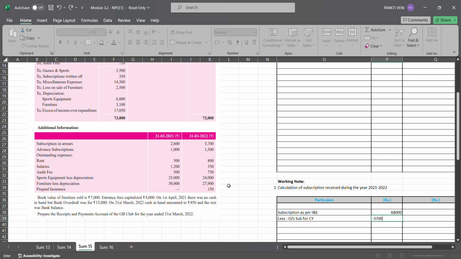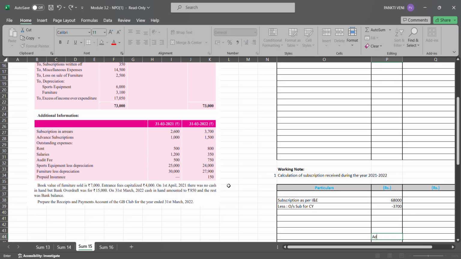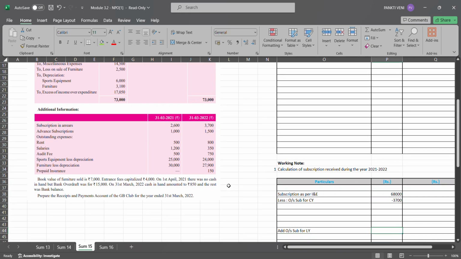Then you have outstanding subscription for last year. So you'll have to add outstanding subscription for last year, that is 2,600. Then you have subscription received in advance, 1,000 and 1,500.